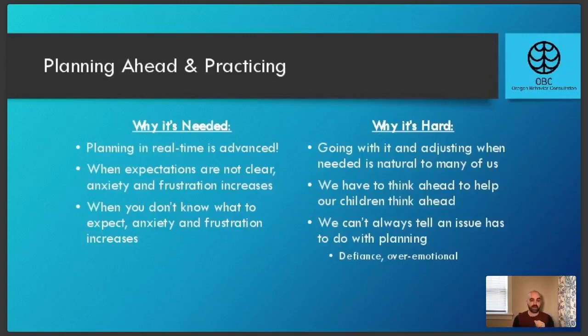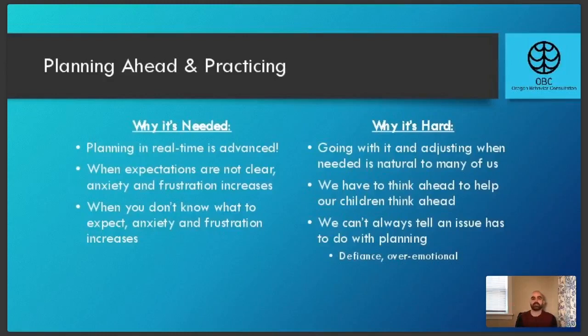Also, remember that just because somebody has done an activity at one point and they were successful, that doesn't mean a week later or even a few days later that they're automatically going to know the expectations or they're going to automatically know what to expect. So you might have to teach that multiple times before they lock it in for themselves, or they might always need you to do that, which is fine as well.